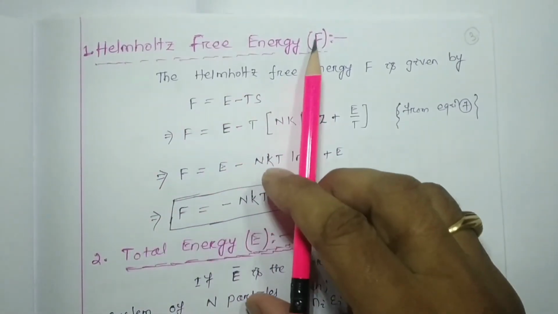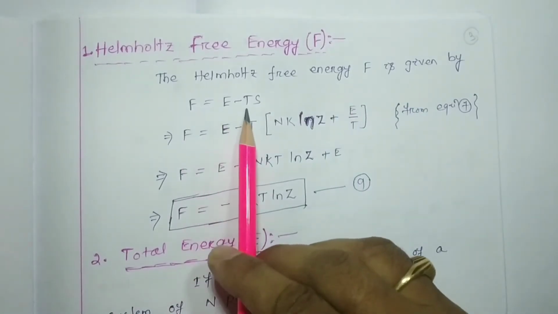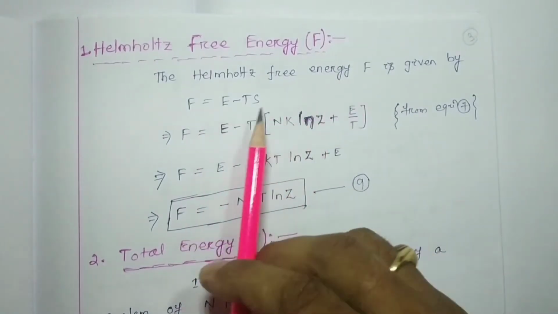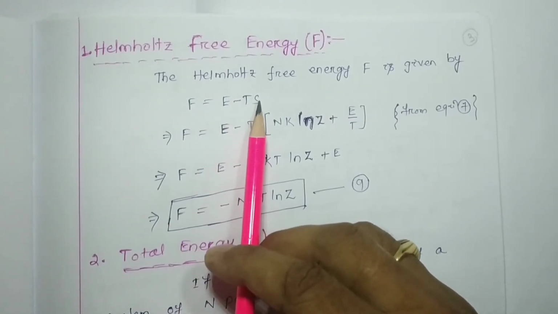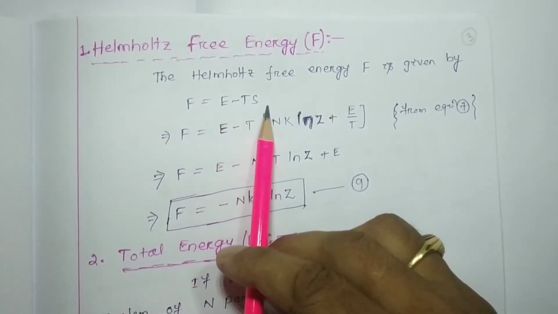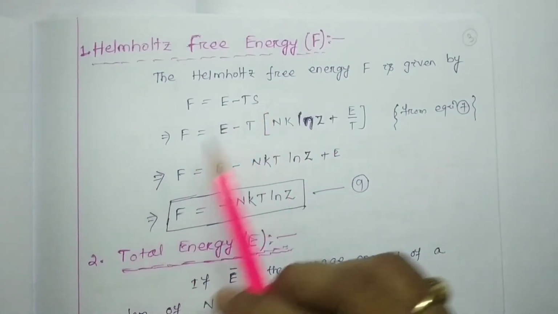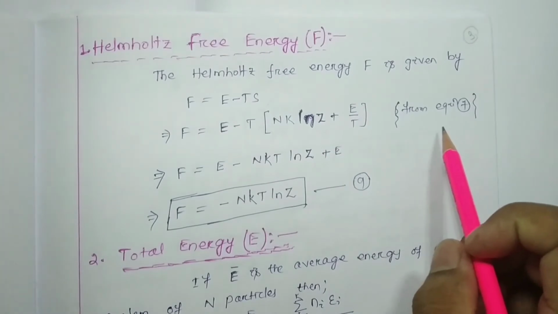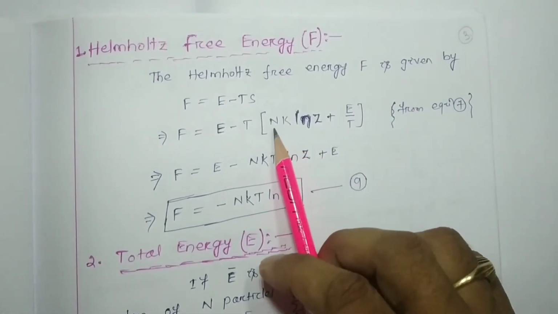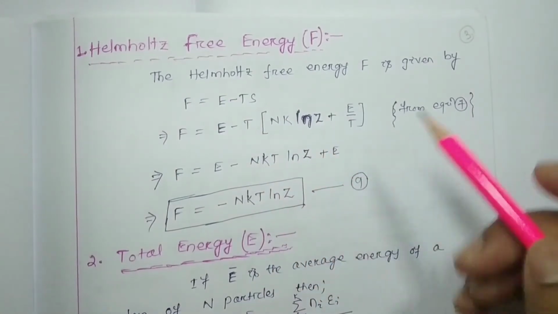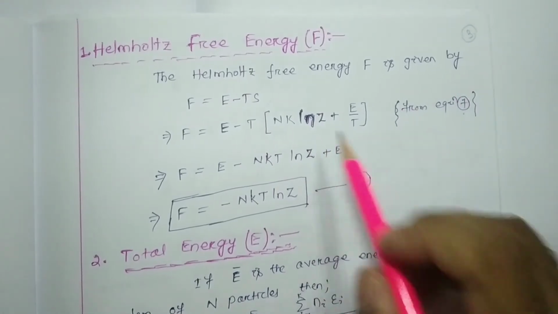Helmholtz free energy is represented by F. F is given by E minus TS, where E is the total energy, T is the absolute temperature, S is the entropy. As per the definition of Helmholtz free energy, it will be E minus TS. We just substitute S, whatever we found in equation number 7, nk ln z plus E by kT. You can also consider equation number 8, no problem.